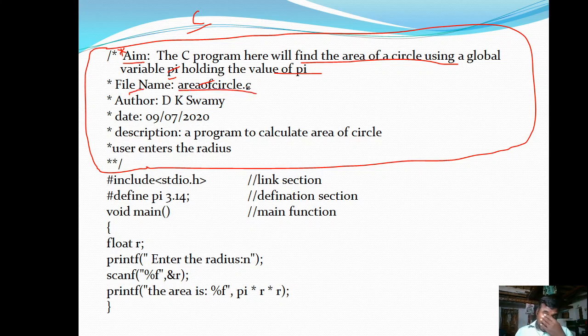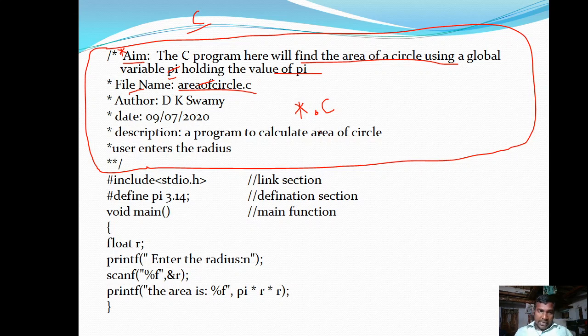C programs are saved with some file name, and those file names must have the extension .c. So it may be any name followed by .c, which means it is a C program.